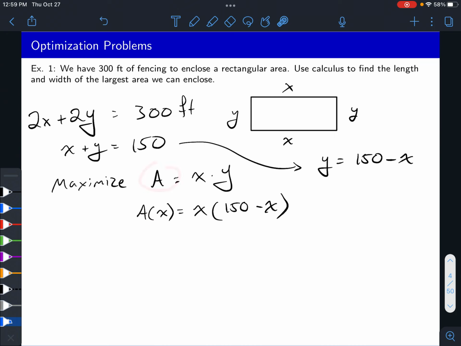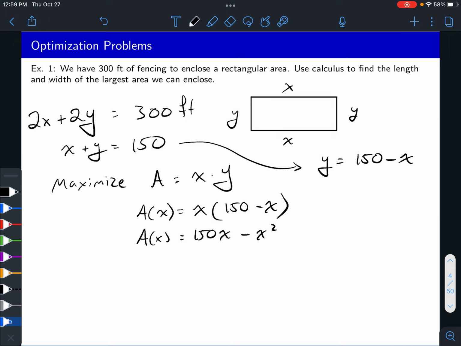So now this is a function of x, so I can write the area as just A of x. Can't really do that up here because there's an x and there's a y over here. There's two variables, but over here it's just a single variable. This is a function of x. And this function of x, we can now use calculus to find our critical points and kind of go from there. So let's see. So area is equal to 150 times x minus x squared.